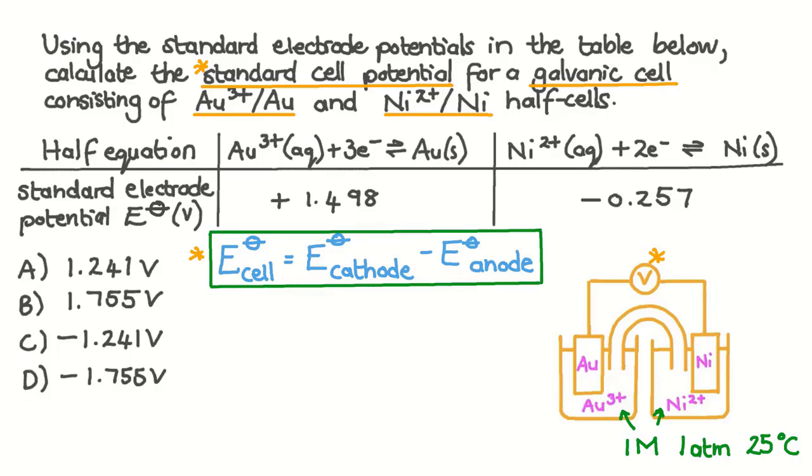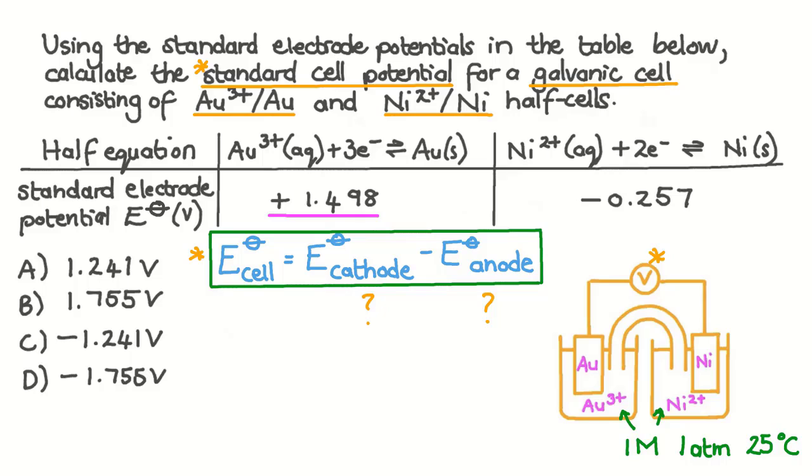We are given the standard electrode potentials for gold and nickel, but which is the cathode and which is the anode? These standard electrode potentials are actually standard reduction potentials. That is why both half equations are written as reductions, with the electrons on the left-hand side of the arrows. The larger or more positive a standard reduction potential, the more easily that electrode is reduced.